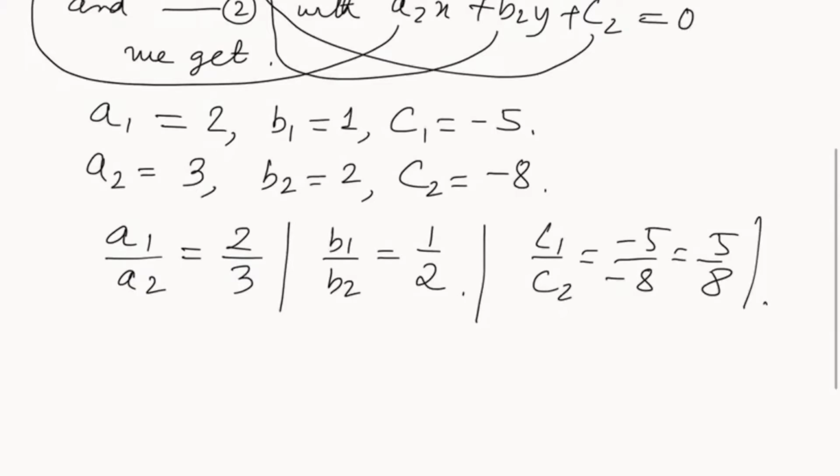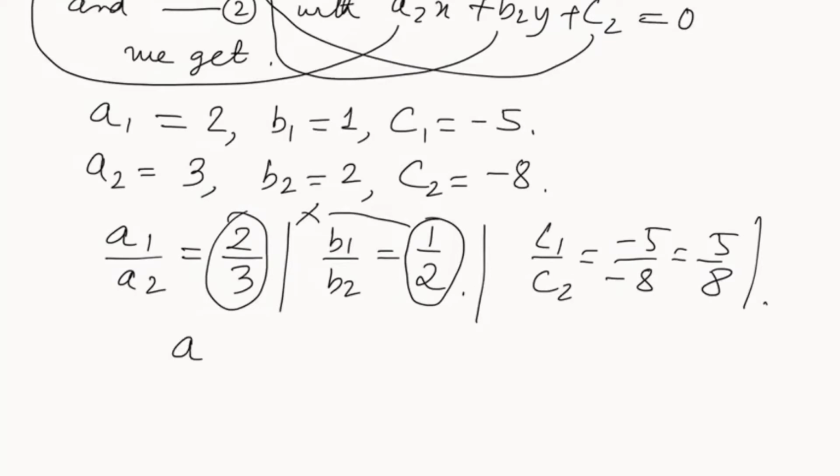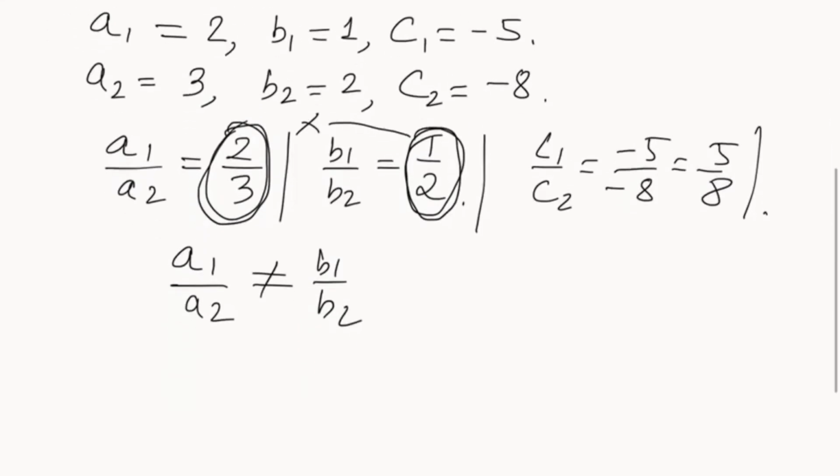Now we immediately recognize that a1 by a2, that is 2 by 3, is not equal to 1 by 2. So a1 by a2 is not equal to b1 by b2, since a1 by a2 is 2 by 3 and b1 by b2 is 1 by 2. So it satisfies a condition.